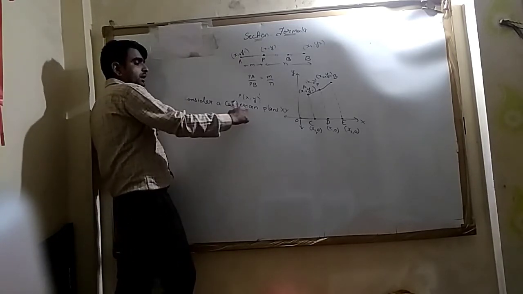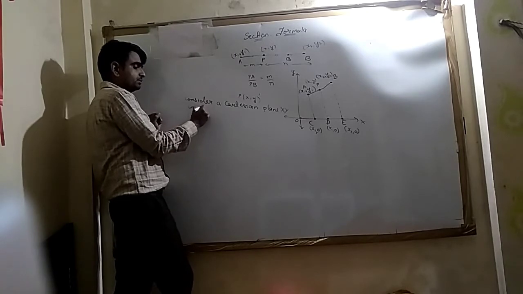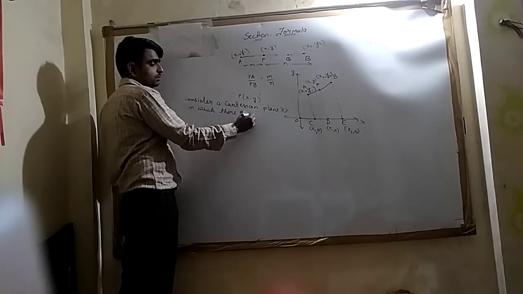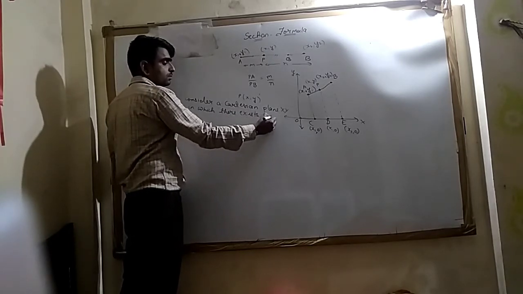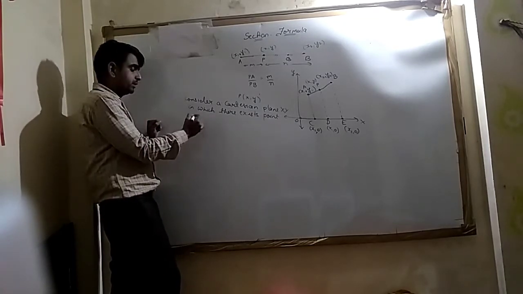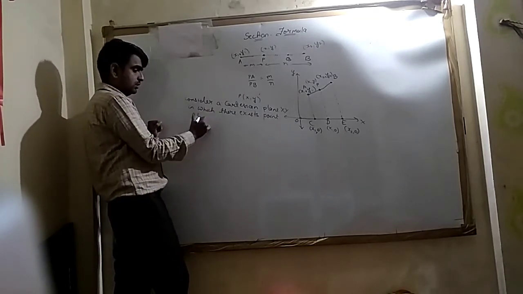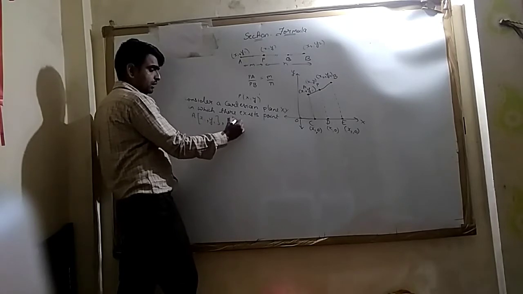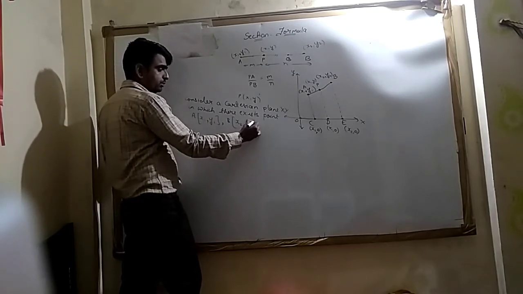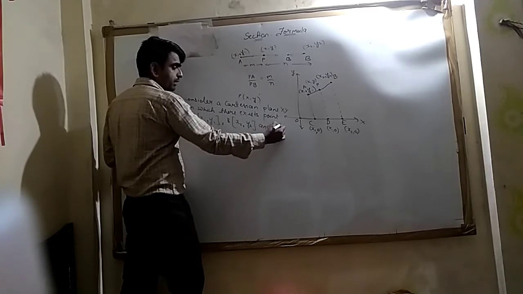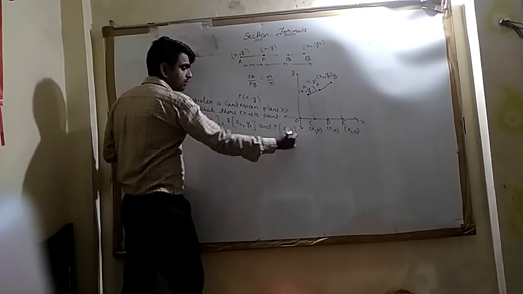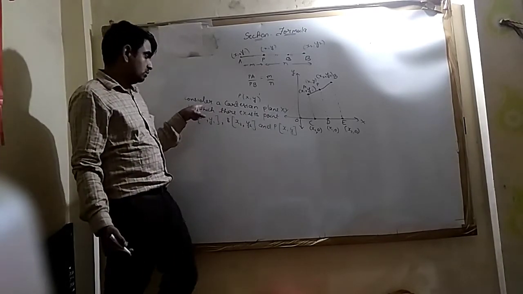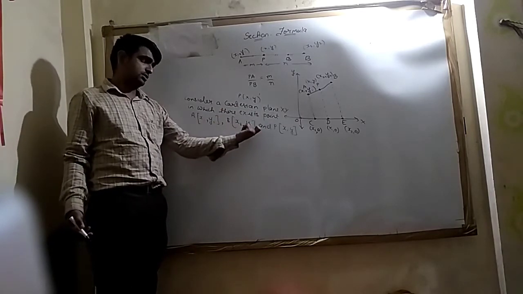We have considered a Cartesian plane xy in which there exist points A (x1, y1), B (x2, y2), and P (x, y). This I have explained to you.